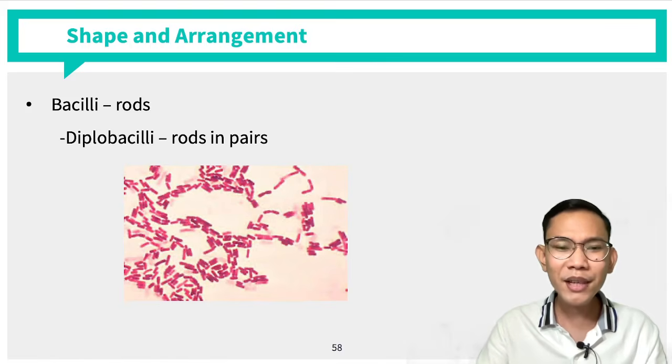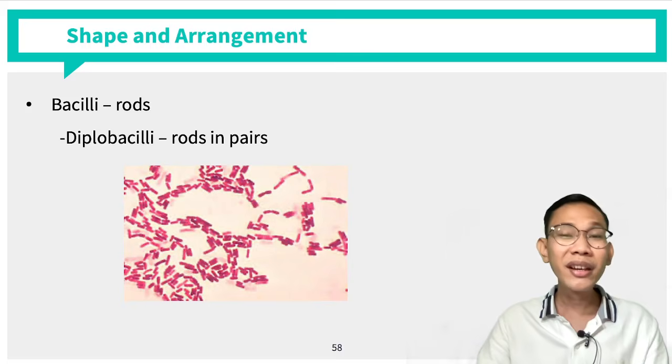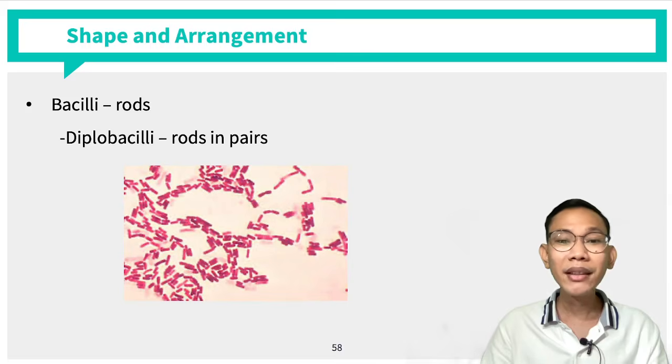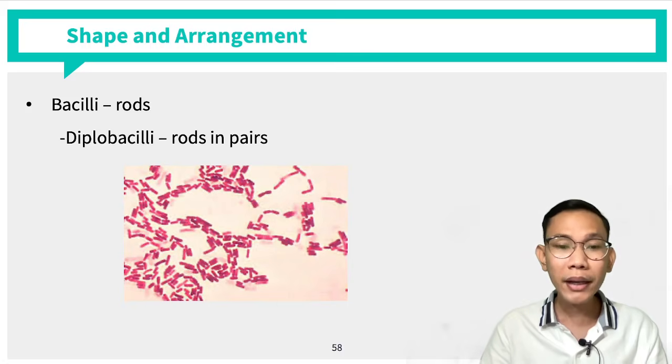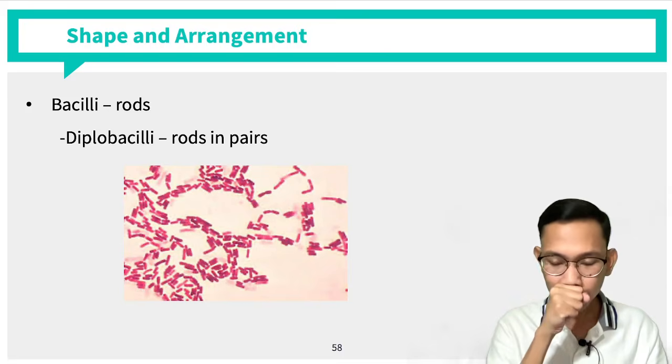Is this gram-positive or gram-negative? This is actually gram-negative bacilli. I'll give you a generality in terms of your gram staining. Pag sinabi nating gram-positive, usually they are cocci. Pag gram-negative, generally your bacilli. However, there will always be an exception to the rule.